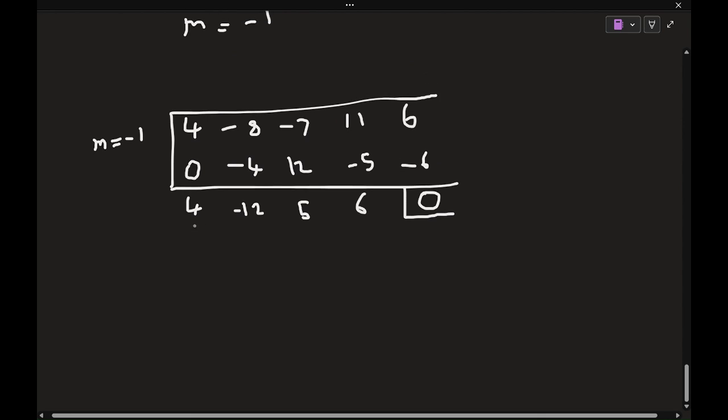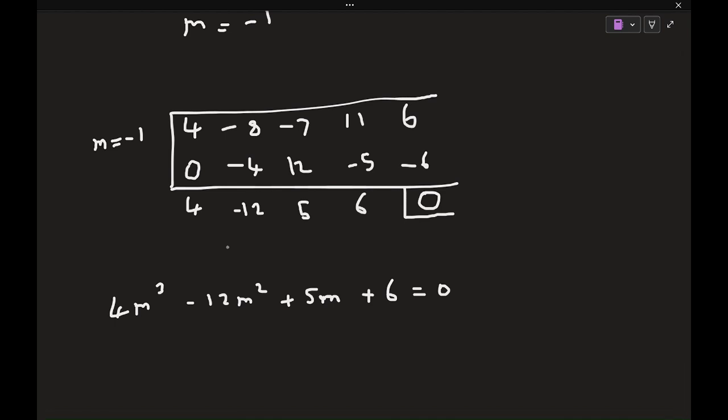Now I have four coefficients, so I can write this in the form of 4m cube minus 12m square plus 5m plus 6 is equal to 0. Now I have written it in the form of a cubic equation. All I have to do is input it in the calculator and get my roots.